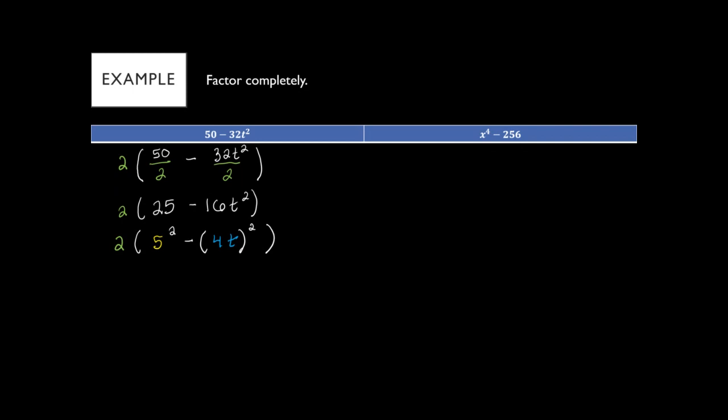And so when we factor this, we're going to use 5 and 4t. So I have my 2 in front and then my 2 sets of parentheses, my plus and my minus. 5 is in the front and 4t is in the back. And so this factors to 2 times 5 plus 4t times 5 minus 4t.